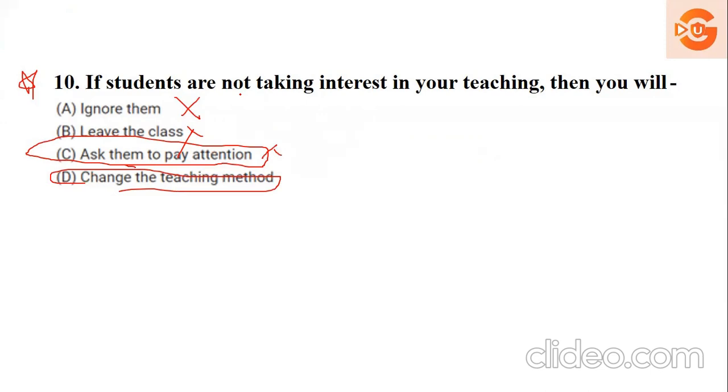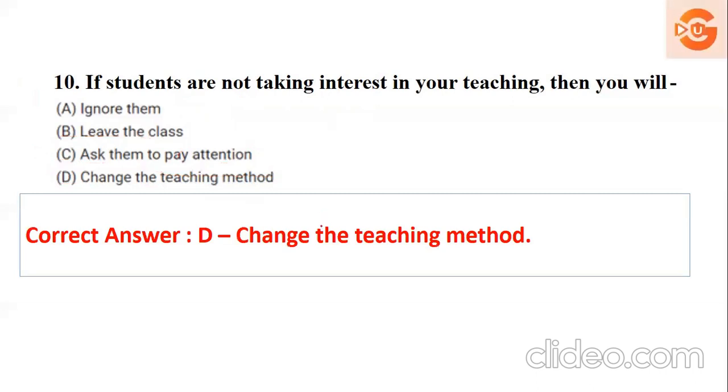It is the moral duty and responsibility of a teacher that if the child is not able to understand the teaching, the teacher should change the teaching method as per the style in which the child is likely to take the knowledge. So the answer for this question is option D.